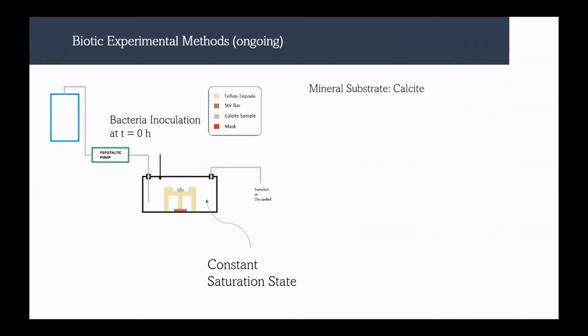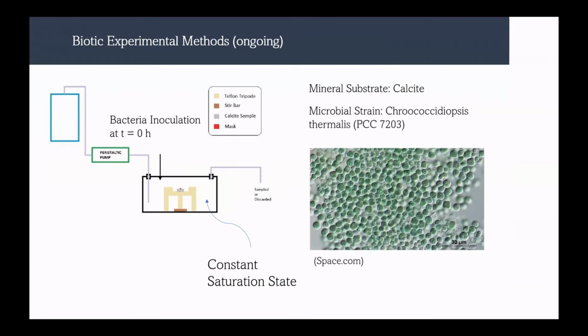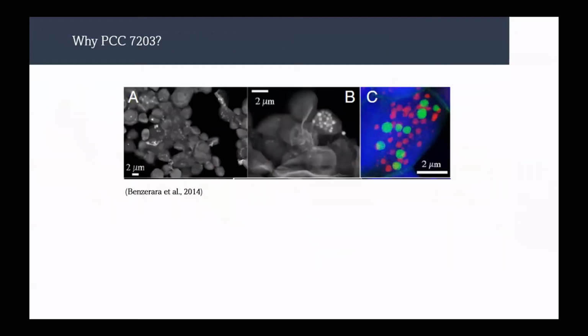And so we will still work with calcite to take advantage of the work that we did in the abiotic conditions. And regarding the microbial strain, we decided to start trying with this strain, PCC 7203, which is a cyanobacteria strain. And so since we are using a cyanobacteria, we will need to add light to the experimental setup. Why the choice of this strain?